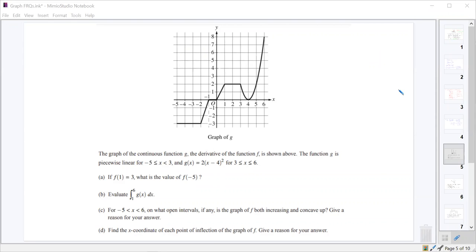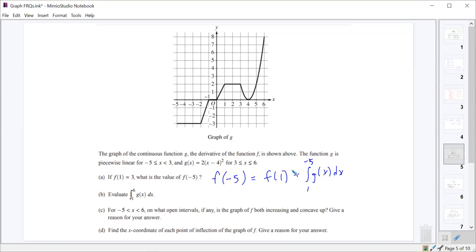So if we're looking to find the value of f of -5, that should be equal to the value that we have at f of 1, our initial condition, plus the integral from 1 to -5 of g.